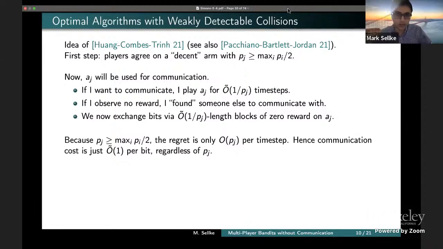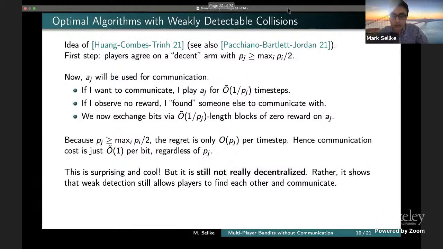So as a result, we can build this communication protocol that works very well regret-wise, and we can just do whatever. So I think this is very nice. In fact, you don't even need to have 0 reward, as long as the mean reward is a little bit lower than the non-collision reward. Then you can detect this kind of thing. But it's still communication.